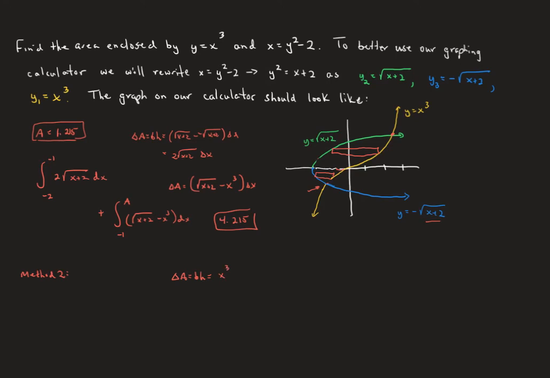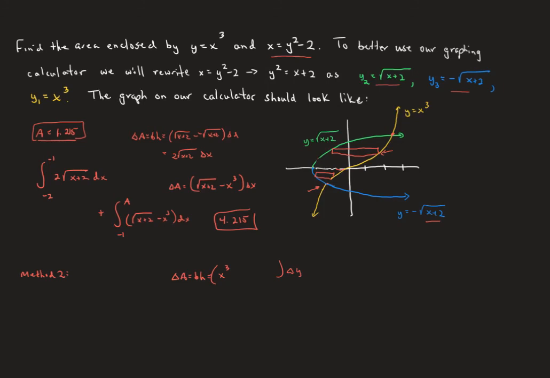Now it looks like at first glance that it's going to change, that our left curve is going to be the blue curve part of the time, and the green curve part of the time. But remember, that came from right here. And because we are going to have a delta y at the end of the day, we are going to want to write everything in terms of y anyway.